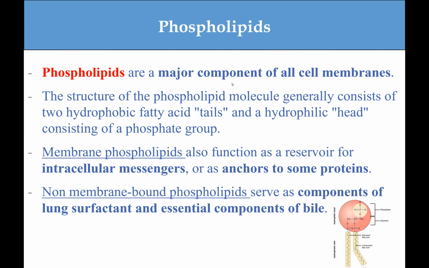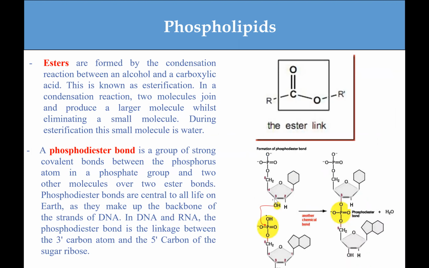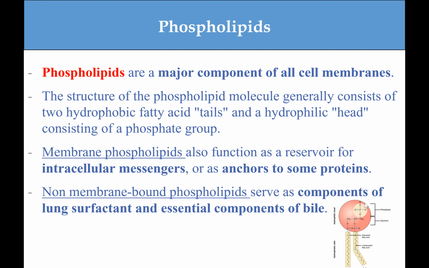Then we go to phospholipids. From the name, they are lipids that have a phosphate part. They are a major component of the cell membrane, and they have hydrophobic tails, 2 hydrophobic tails, which are these as seen here. Those are the fatty acids, and a hydrophilic head.